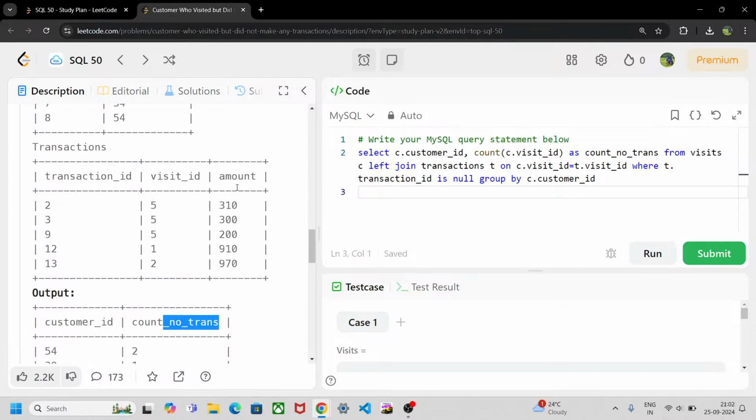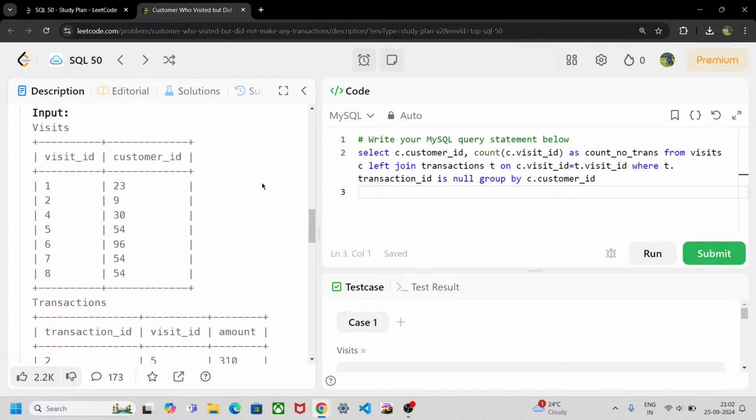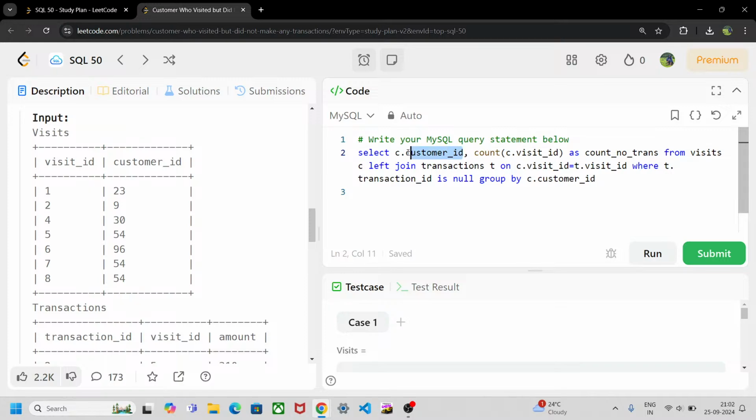So what we are doing here is we are selecting the customer ID. Okay, and visit ID. Okay, so let's go one by one. Okay, let's not make it confusing.